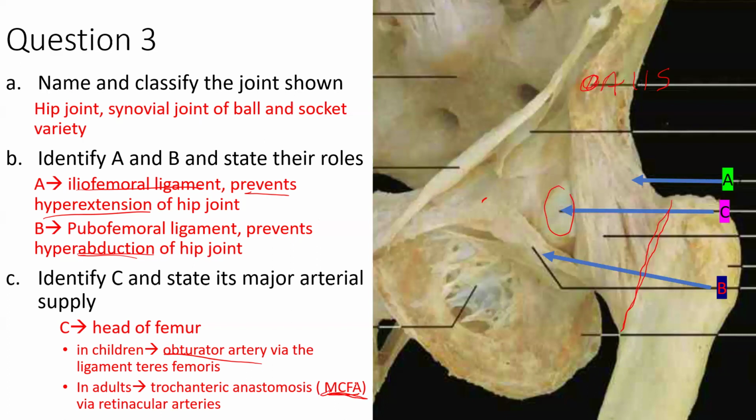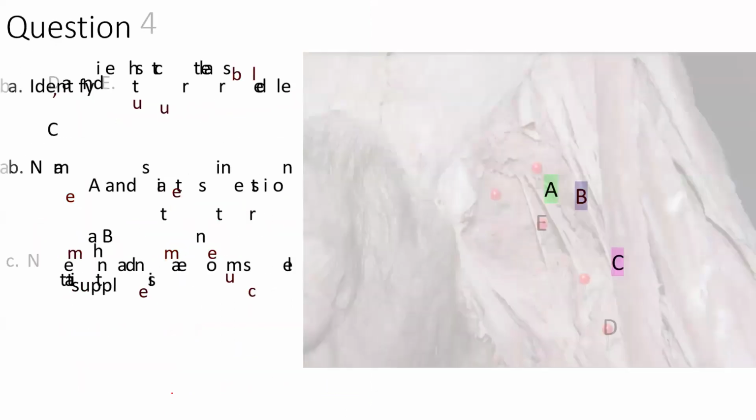Okay, so you need to understand what are the arteries which participate in the trochanteric anastomosis. I hope you did that. I think that was one of the objectives covered in the previous week. Okay, we are done with that question. On to the fourth one.